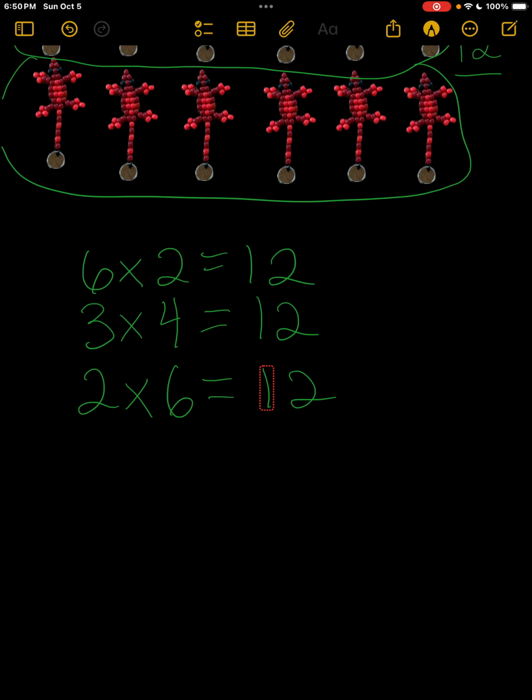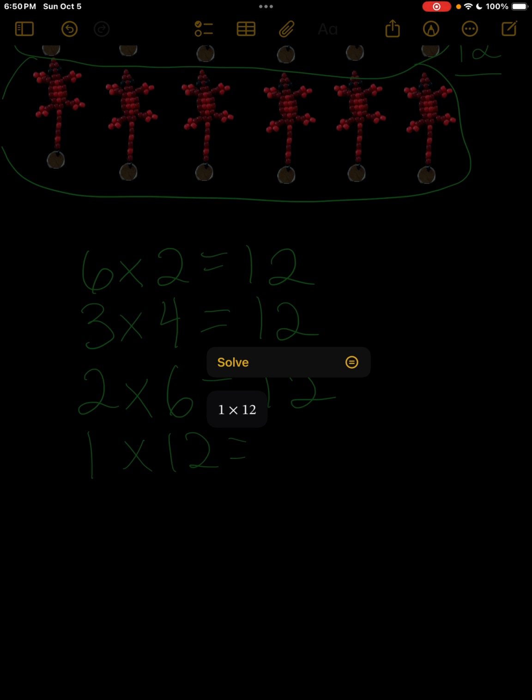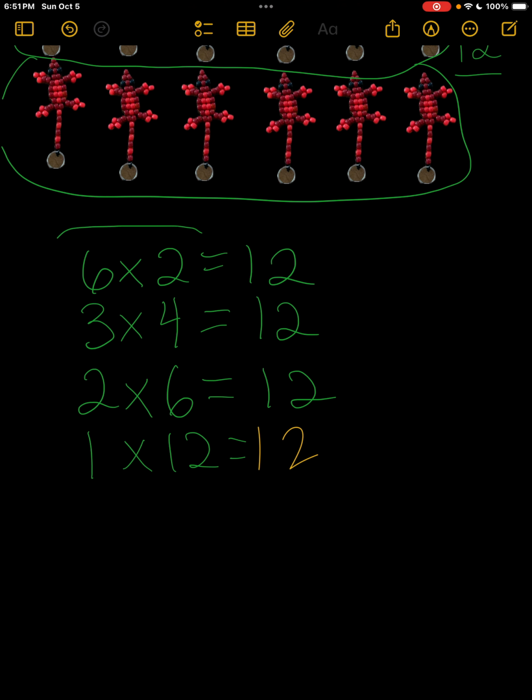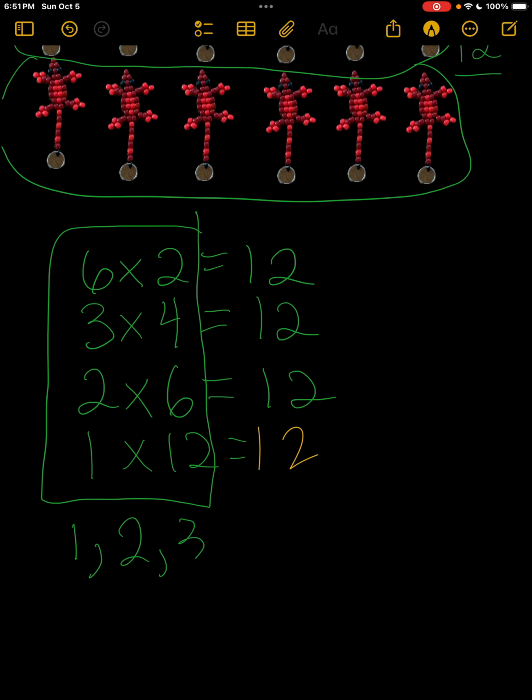And then we also said we could put 1 in a box, okay? And that would be 12 boxes. So these are all of the factors of 12 we got. And then when you list factors, you want to put them in ascending order. So starting at the smallest and going up.